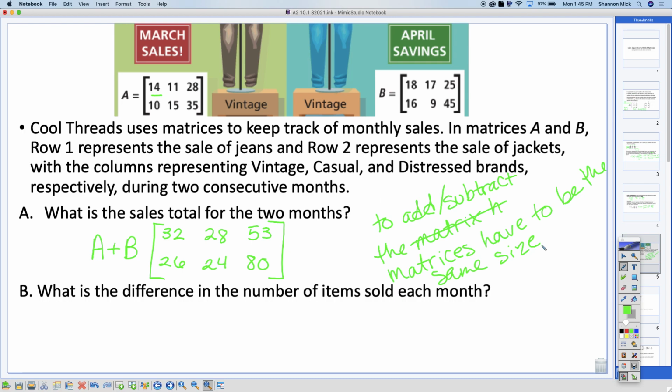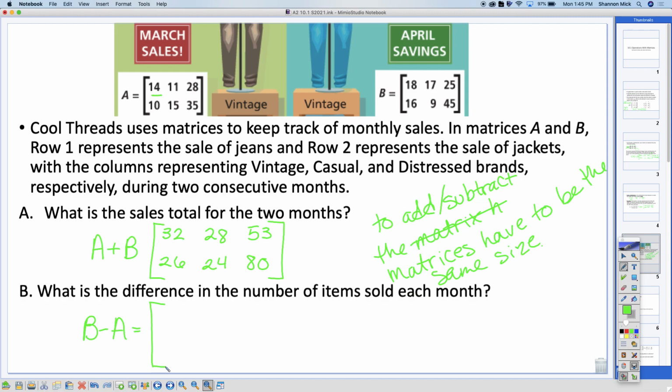What is the difference in the numbers of items sold each month? What would I do? Subtract them. And if I want to go from month to month, I don't subtract April from March. I subtract March from April, right? You take the second minus the first. So we're going to do B minus A. And this goes for both.